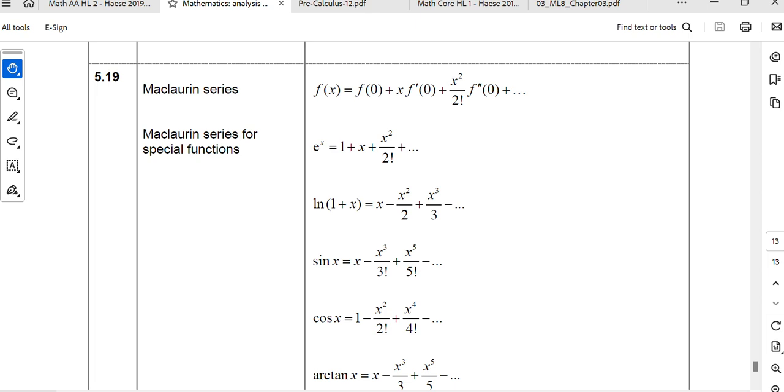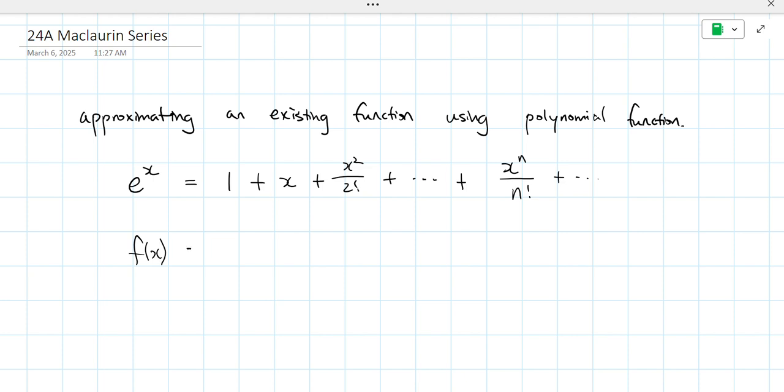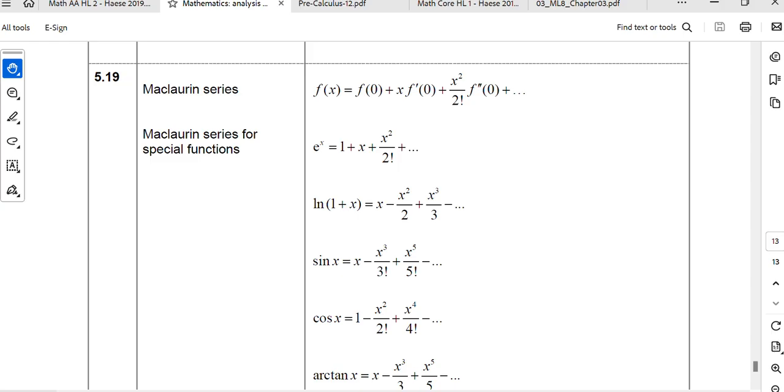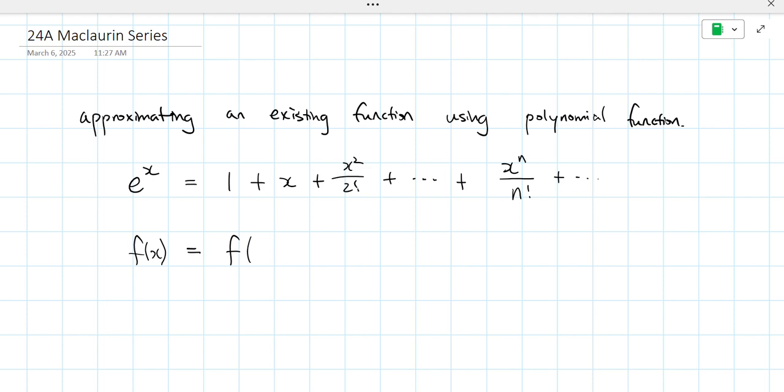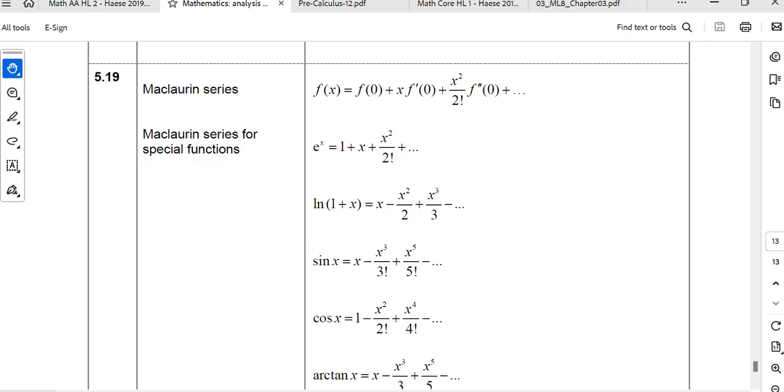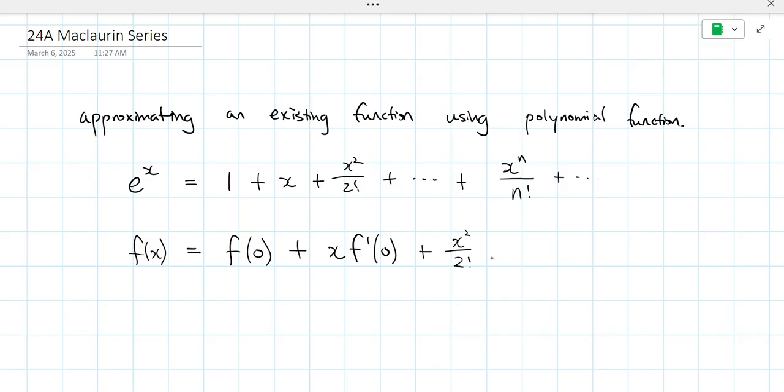If you have a Maclaurin series for f of x, it's given as, once again, no need to memorize such a thing. You see it on the formula booklet. It's f of 0, this constant term, plus x f prime of 0, plus x squared over 2 factorial, and f double prime of 0, and so on.